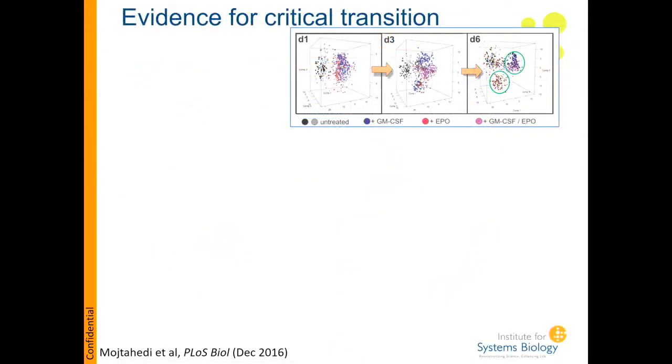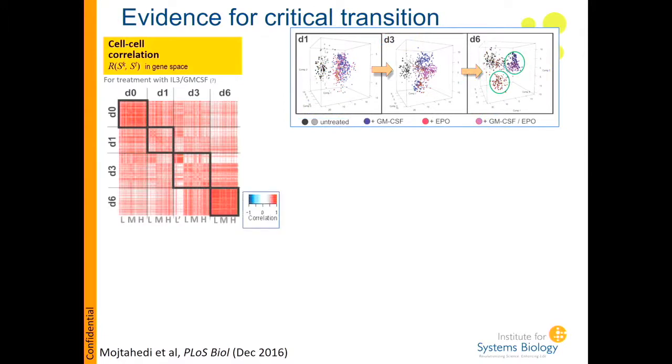So in order to look for critical transitions, as I said, you should see decreased cell-to-cell correlation. So at day 0, when the cells are all similar to each other, you see really high cell-to-cell correlations. But as they approach a critical transition, you see that two subpopulations emerge. So there is a very high correlation between these cells and high correlations between these cells.